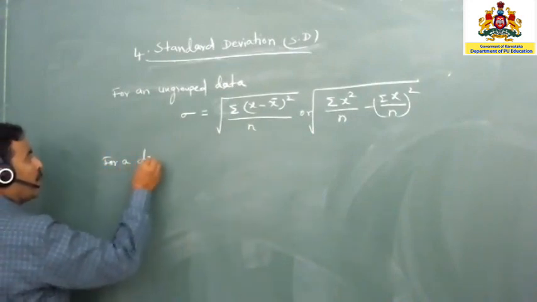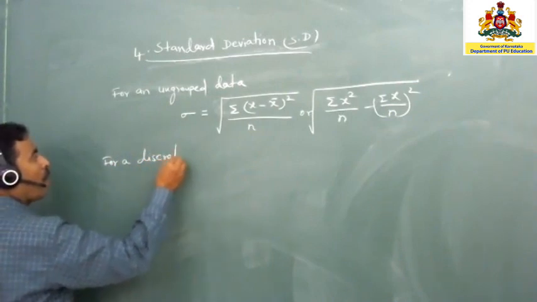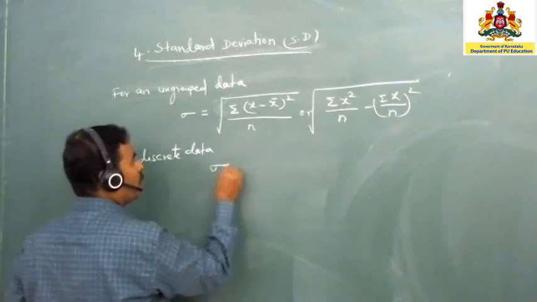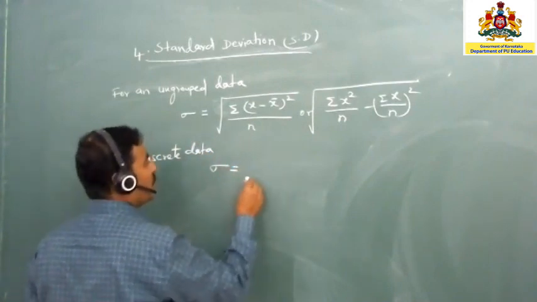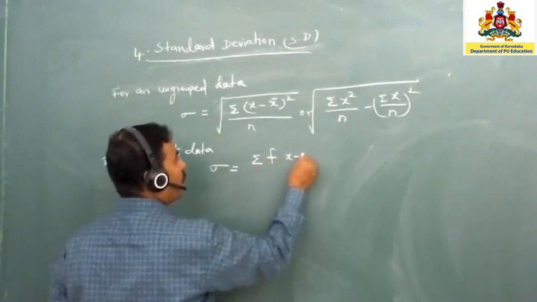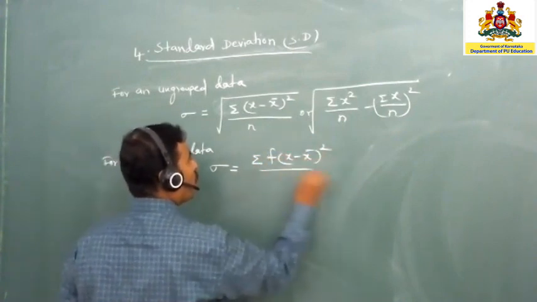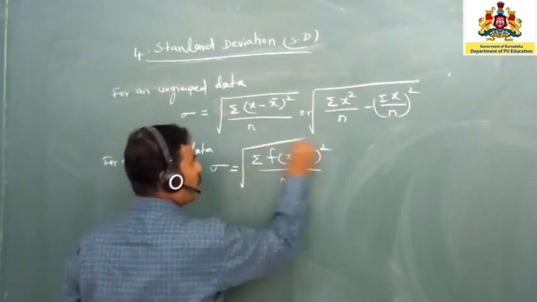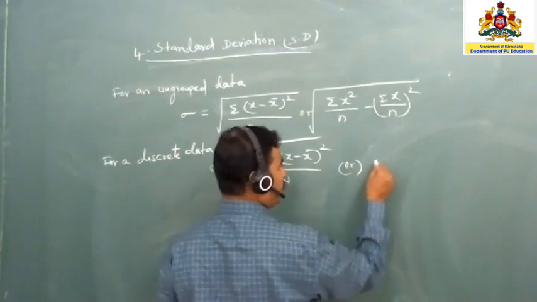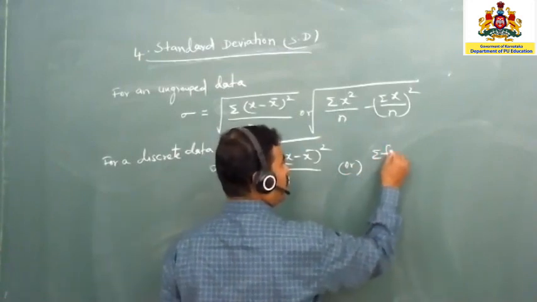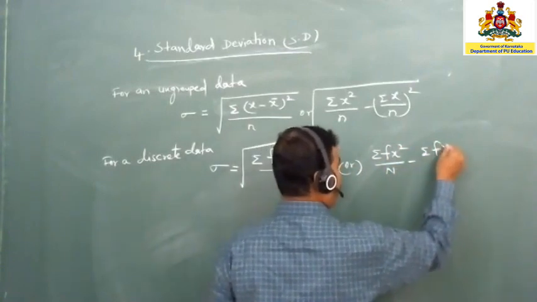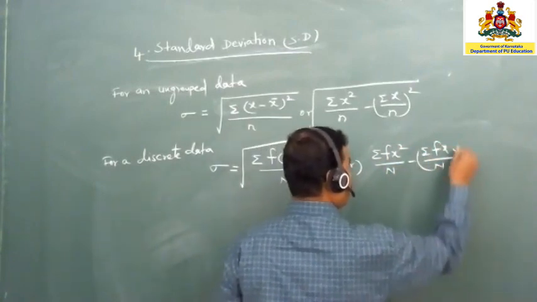For a discrete data, sigma is equal to the square root of summation f into x minus x bar whole square by n. Or for calculation purposes, use this formula: square root of summation fx square by n minus summation fx by n whole square.